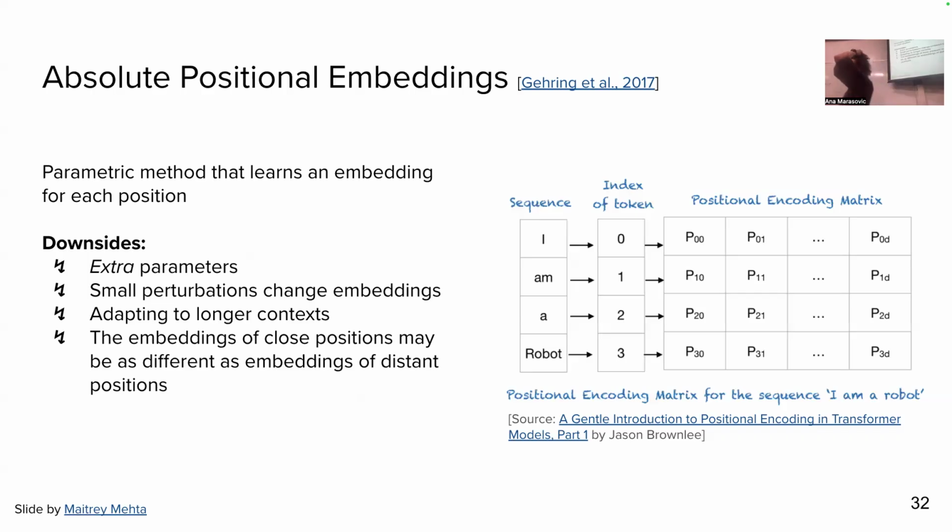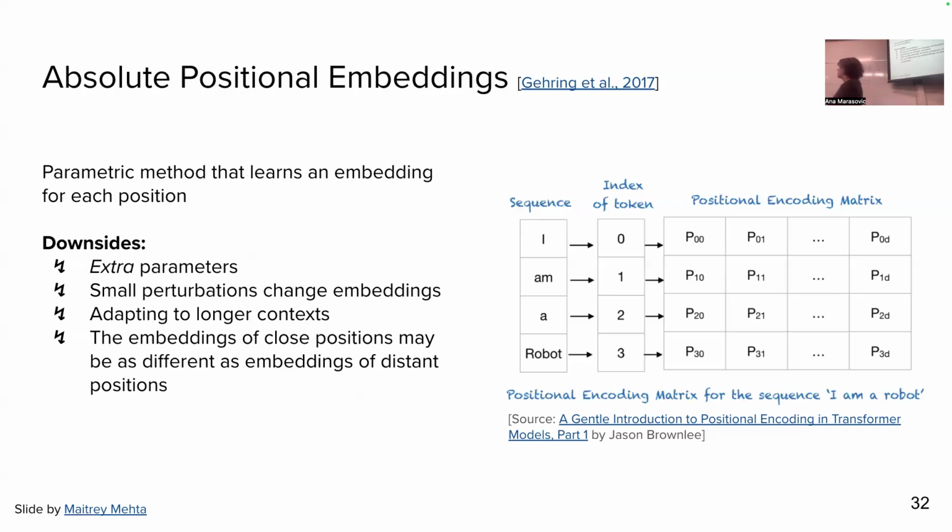Another issue is that small perturbations in these embeddings can cause large differences, right? Although positions 0 and 1 are completely discrete tokens, and they mean very different things, in this continuous space that might not be reflected.